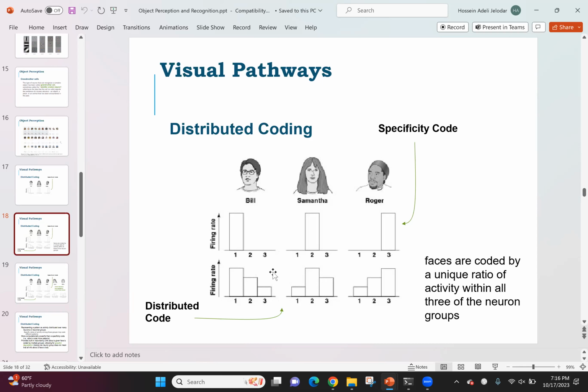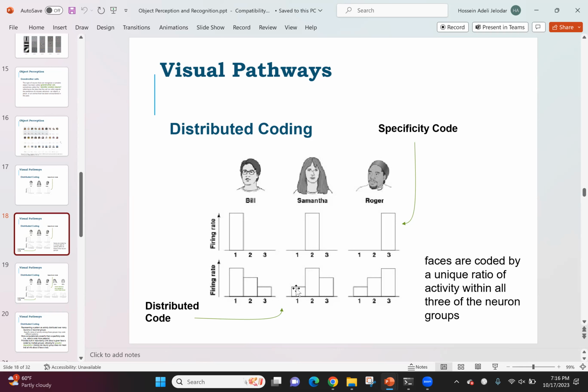Another problem is that if you lose a cell, what happens? If you lose cell number 2, well, in this case, you probably lose your memory of Samantha because you have no way to represent Samantha. But if you lose cell 2 down here, you still can recognize Samantha by the fact that cell 3 is more active than cell 1.